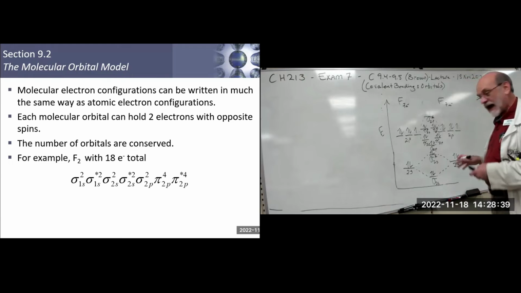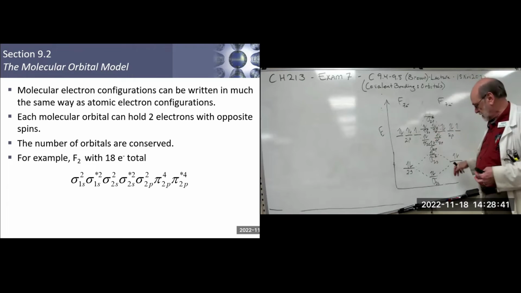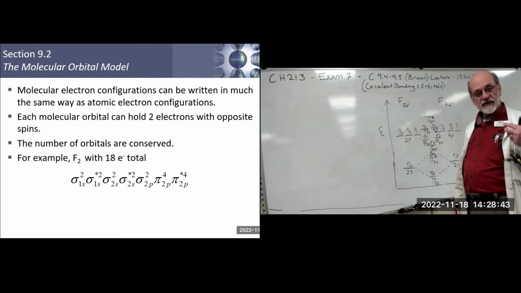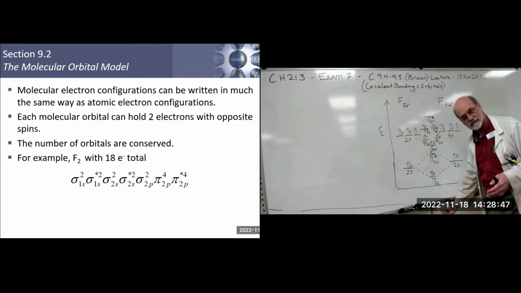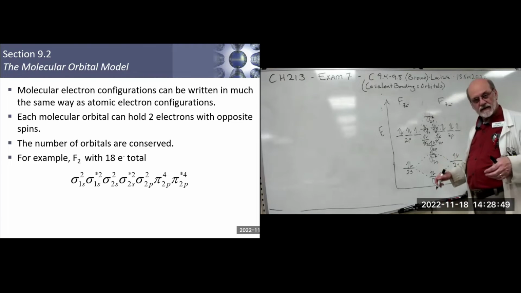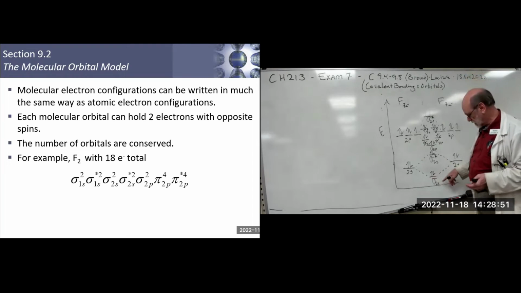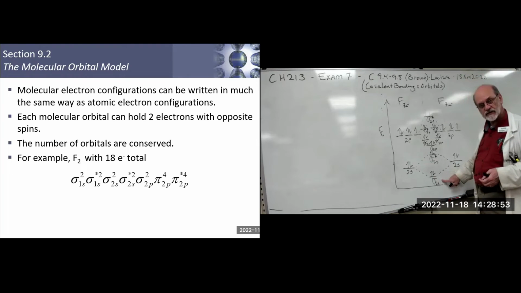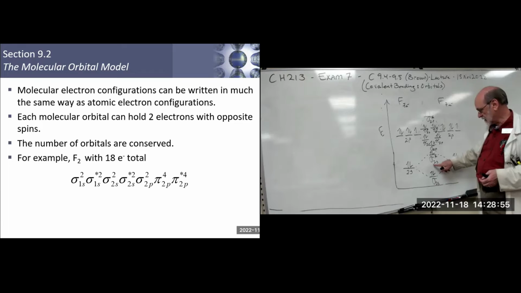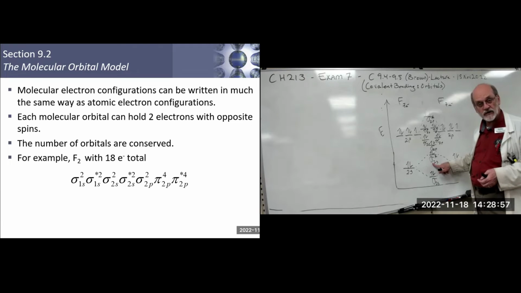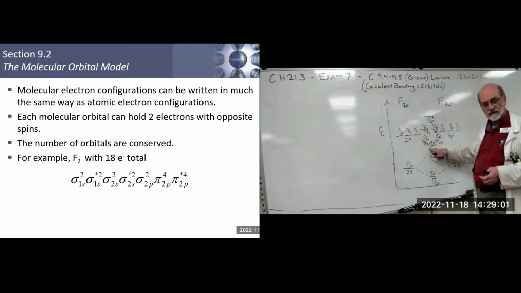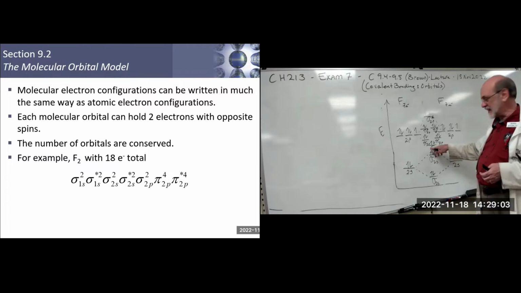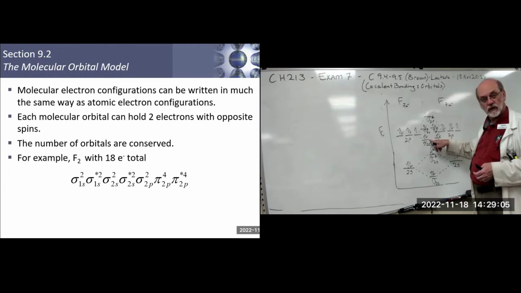Okay? So now we know the order of energy, right? We've got the sigma 1s and the sigma star 1s down here. And then now we're going to pick it up with what we've got on our board. So the sigma 2s has 2 electrons. The sigma star 2s has 2. The sigma 2p has 2 electrons. The pi 2p has 2 plus 2 is 4.